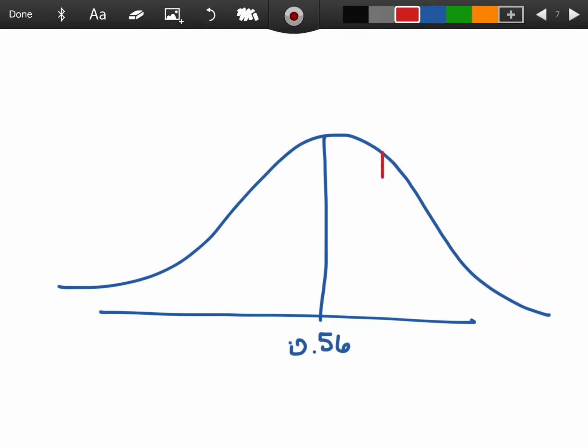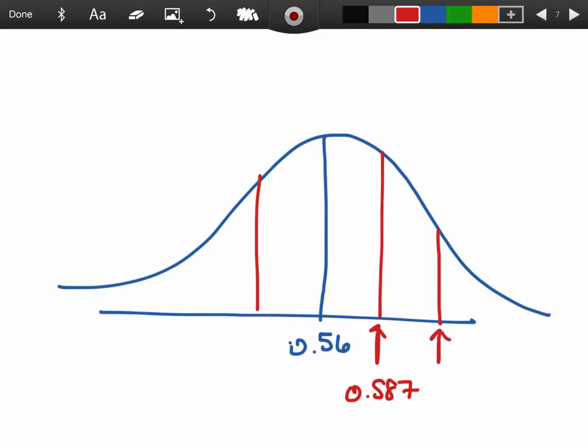If I go out 1, I added my 0.027, and I got 0.587. And if I go up another 1, remember within 2 standard deviations for the 95%, and add another 0.027, I get about 0.614. So that's about 61.4%.